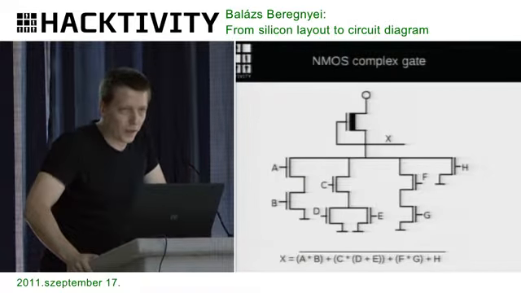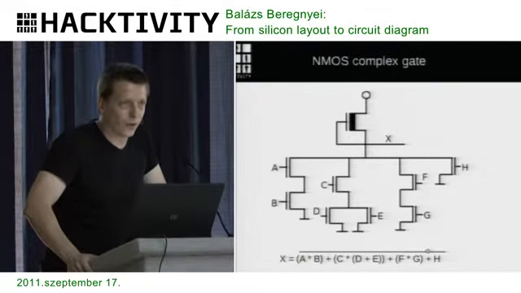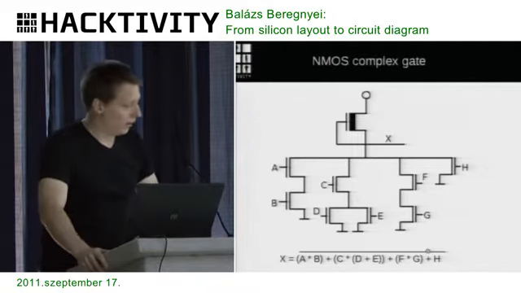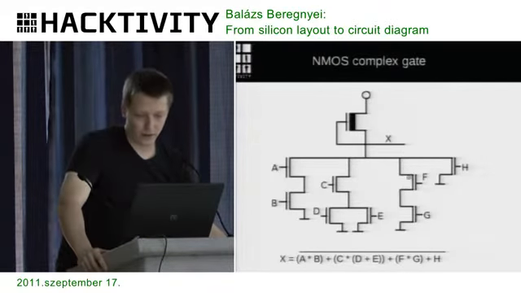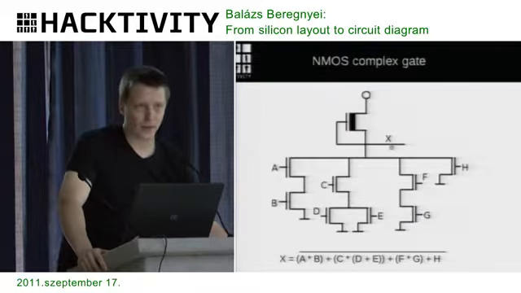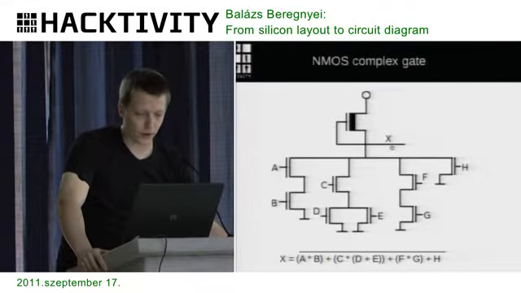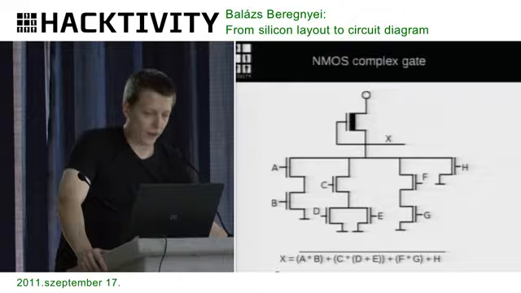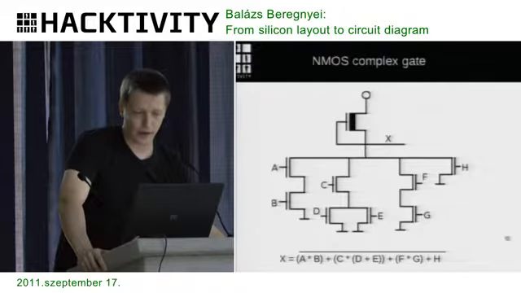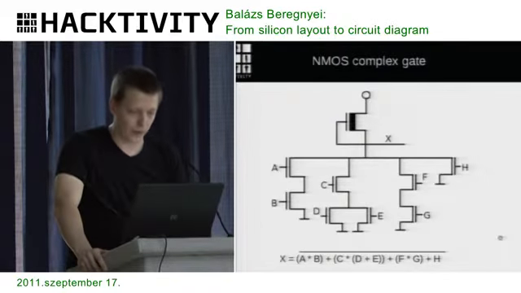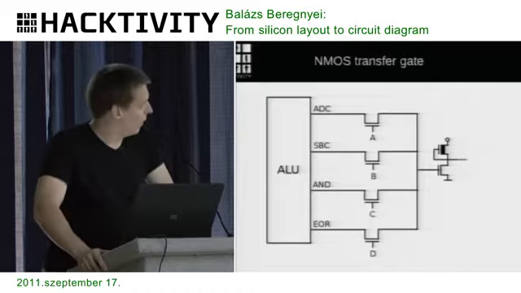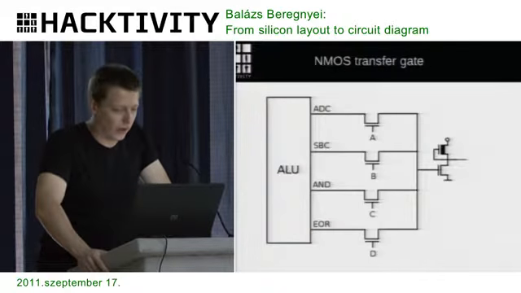Even in the case of a complex gate, this is a rather simple logical equation. You can see that 0 is the output if E and B, C and D, or F and G, or H. And we negate that because all of them are gate outputs.